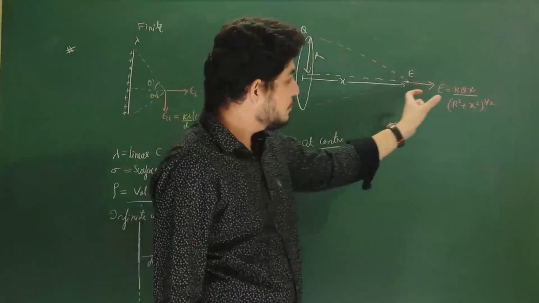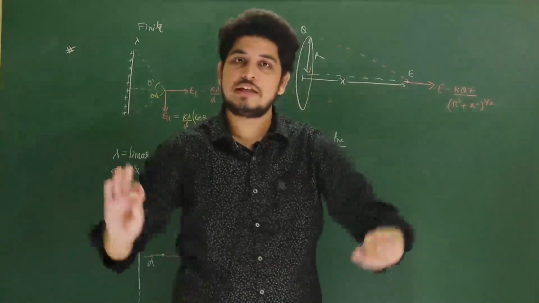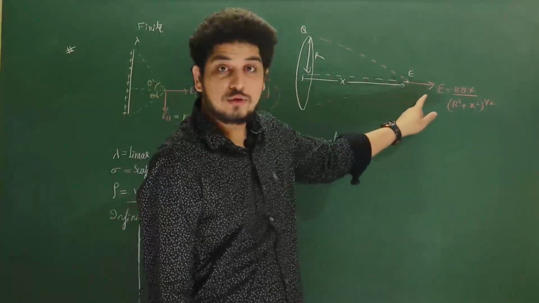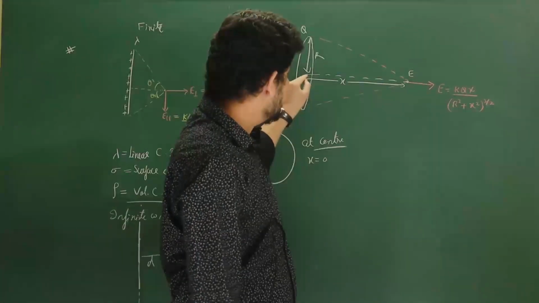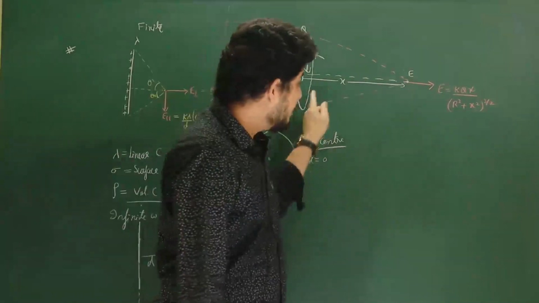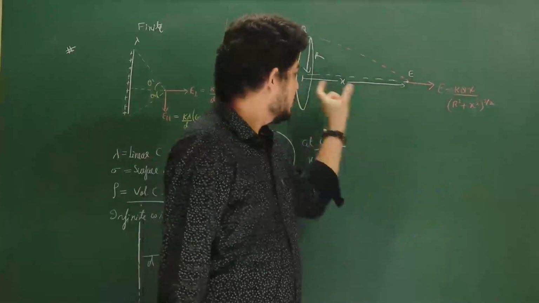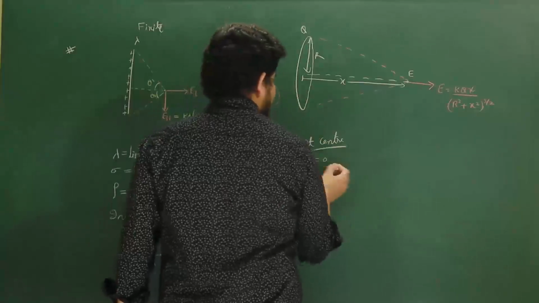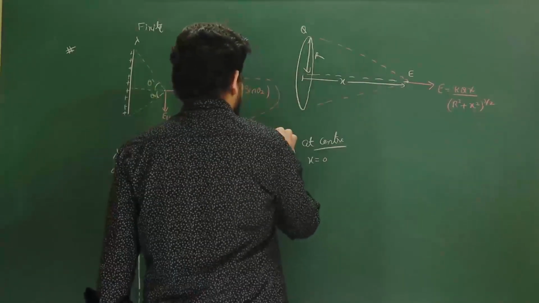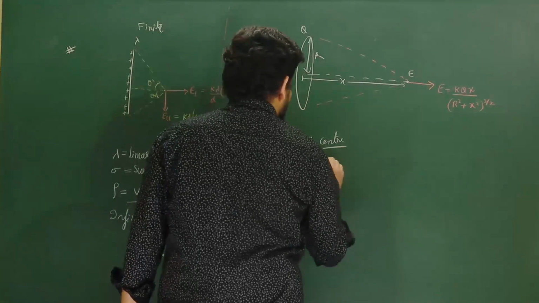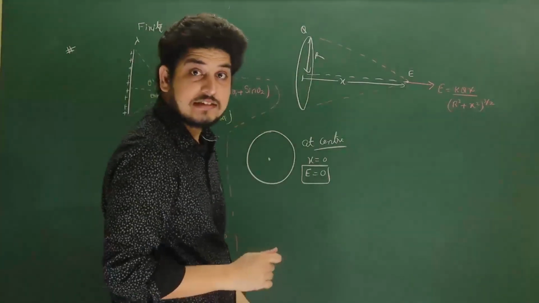It doesn't mean that whenever you see x, it is a variable quantity. Sometimes x is constant. Here x is the distance between this center and the point at which we have to find the electric field. So at x equals 0, the electric field will be 0. So at the center of the ring, the electric field is 0.